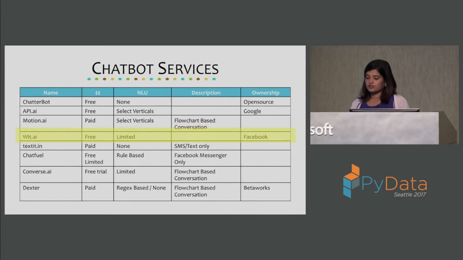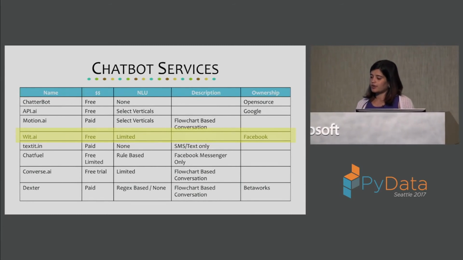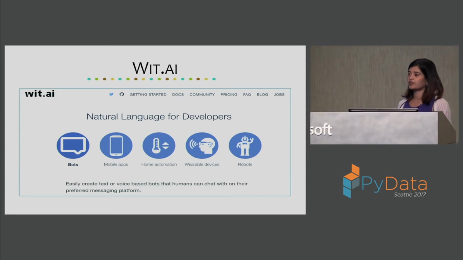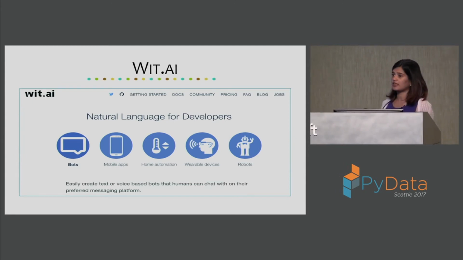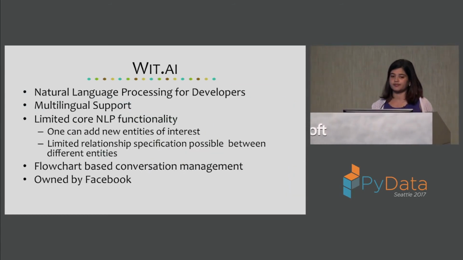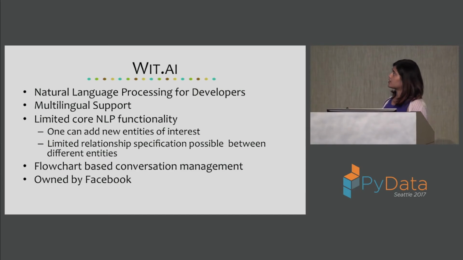The third thing, which is probably the last one that I'm going to talk about, is Wit.ai. They market themselves as natural language for developers, which means that if you're a developer and you want to use any kind of NLP, you can use this to build your chatbot. The good thing is there's lots of NLP support for developers.